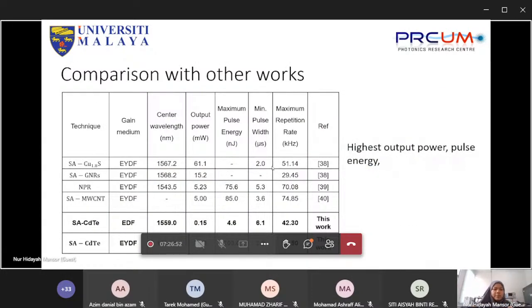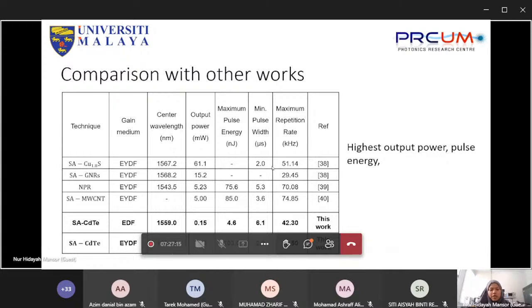And then we compare our work with other works. The first four use a saturable absorber employed in the gain medium of EYDF, which is the same as ours. And then we compare with works where the SA is used in an EDF also.